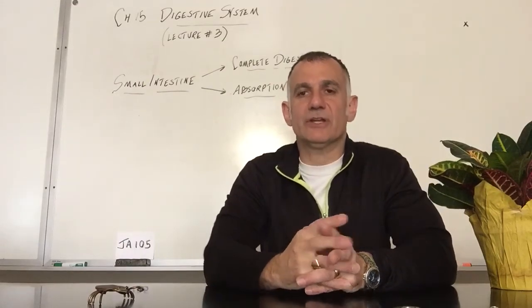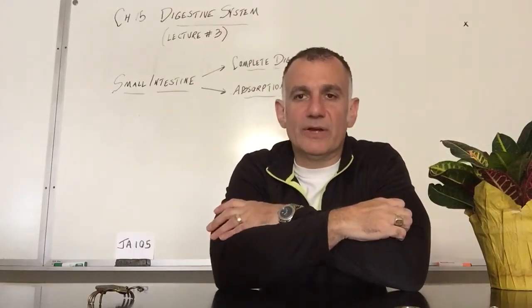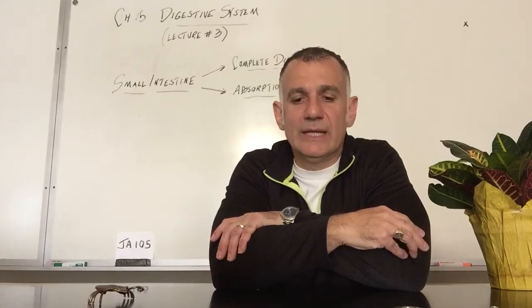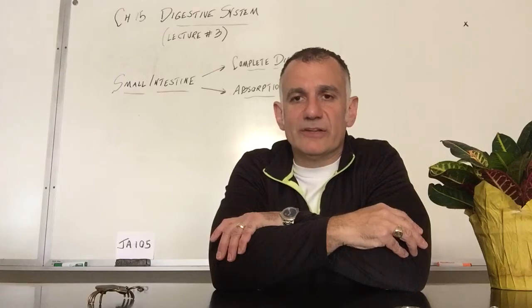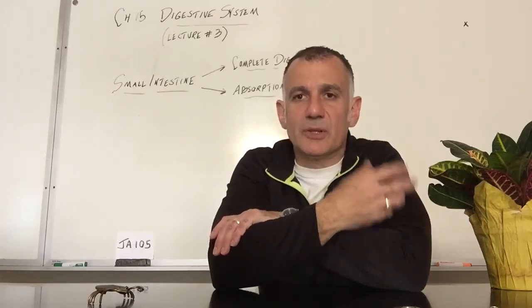Now there's a valve, a control valve, at the base of the stomach as it enters the small intestine. It's called a sphincter. There's a sphincter at the top of the stomach as well. That was one of the questions that I asked you in the last set of questions that I posted. What this does is it allows the stomach to control how much of the digested food is going to pass into the small intestine.